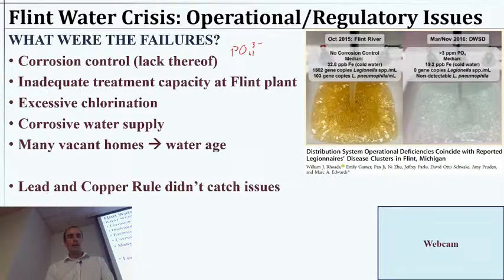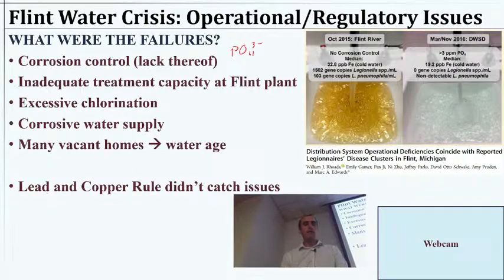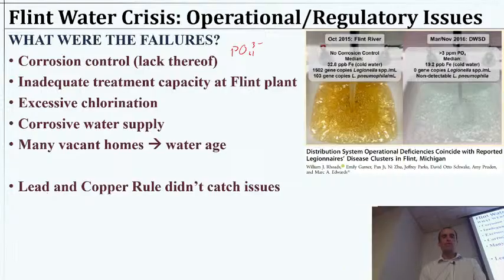That has some interesting implications, because then you have some areas where your water sits for a long time. That could have bad effects if it's continuing to corrode. It could have bad effects if some bacteria were able to make it there and start to live and thrive there. That could be a problem.